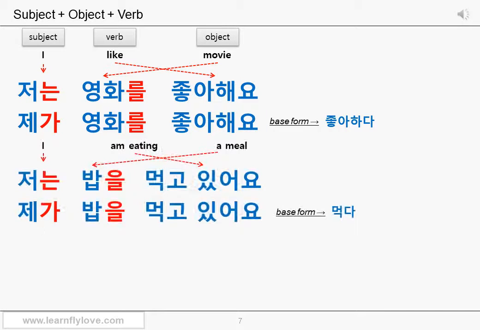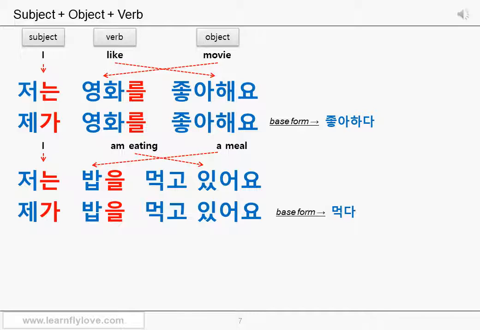Next, I'm eating a meal. You can use the word 밥 to mean a meal. Any meal during the day, breakfast, lunch, dinner, all can be 밥. 밥 originally means cooked rice. But since Koreans eat rice at every meal, if you say 밥, people would automatically think you mean a meal. I, a meal, am eating.